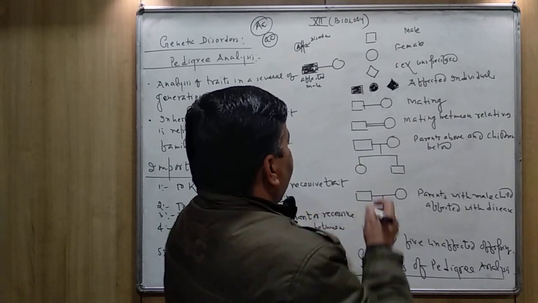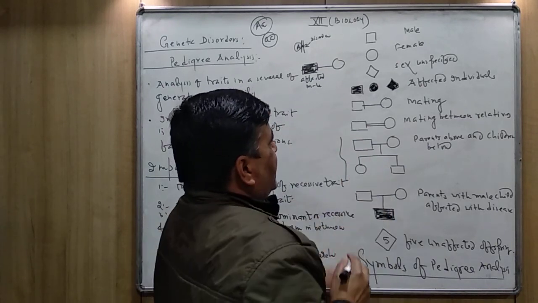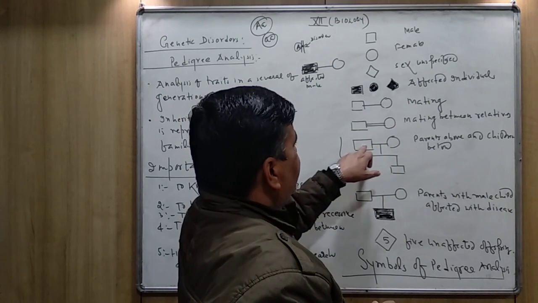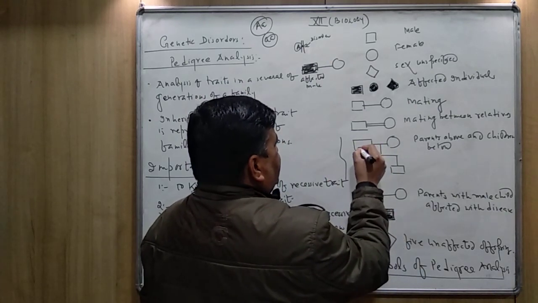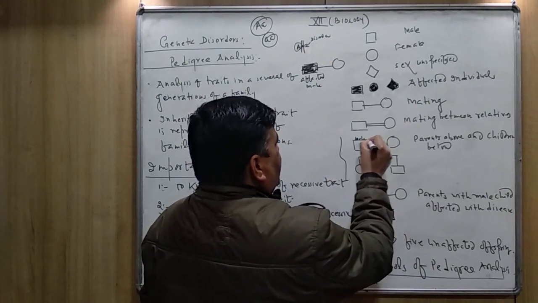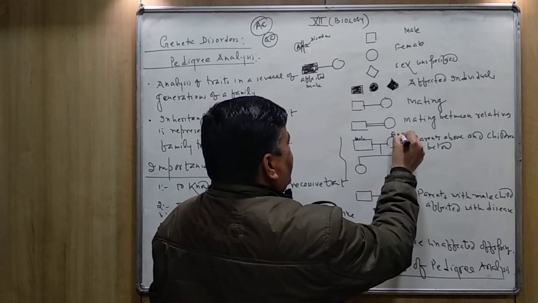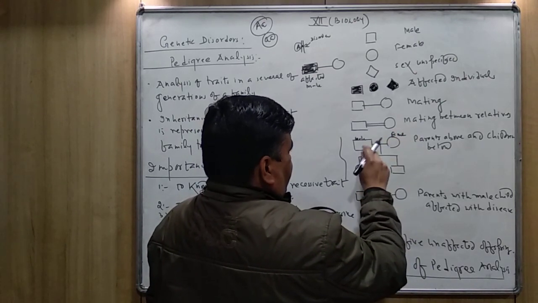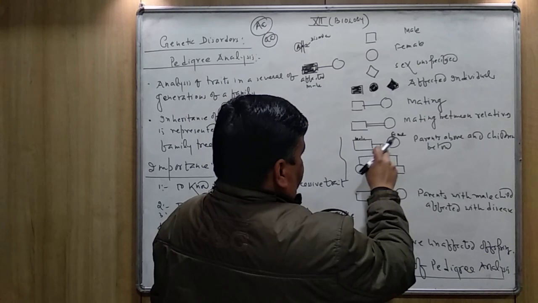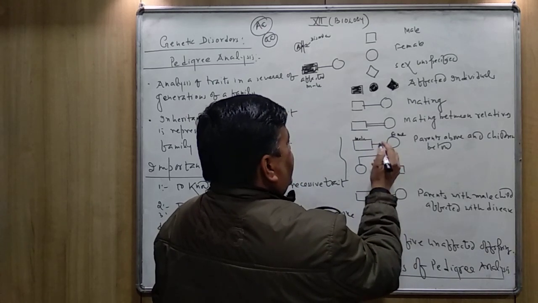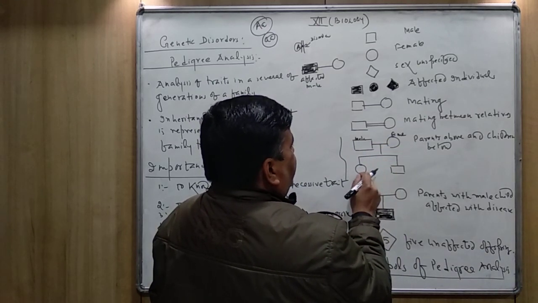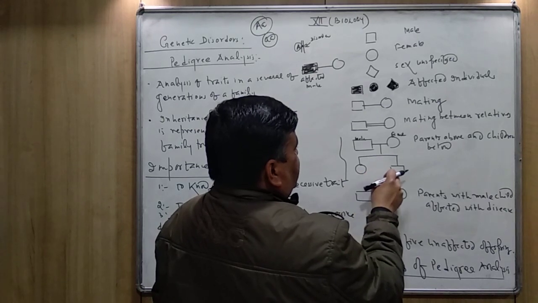From here up to here, the parents are above, this one is the male, this one is the female, both have mated with each other, and both have offspring, the children.